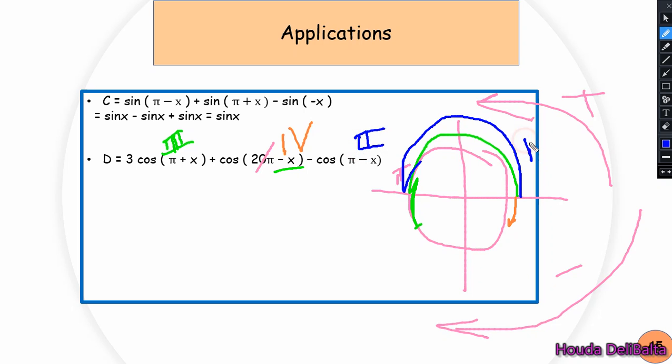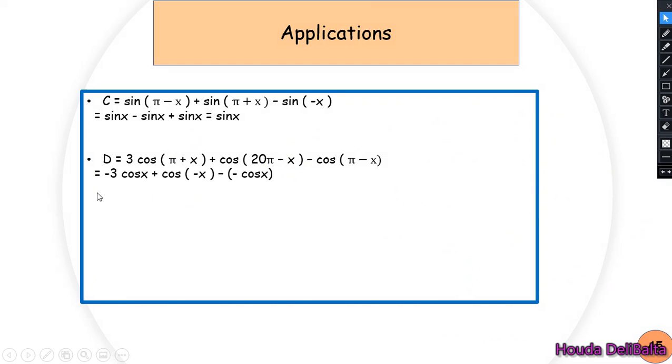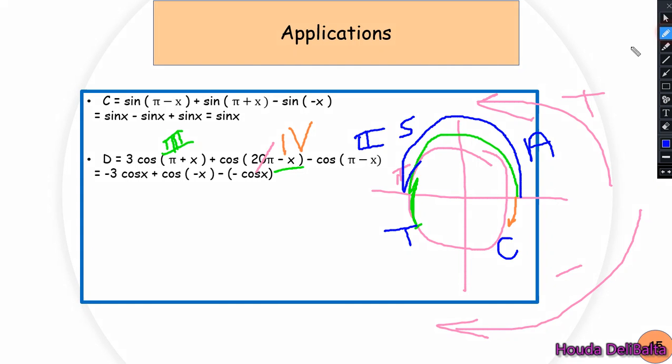And now let's use the idea of All Students Take Chemistry. In quadrant 3 only tangent is positive, that's why cosine is negative. In quadrant 4 cosine is positive, so I keep it cosine of minus x, and then change it into just cosine x.